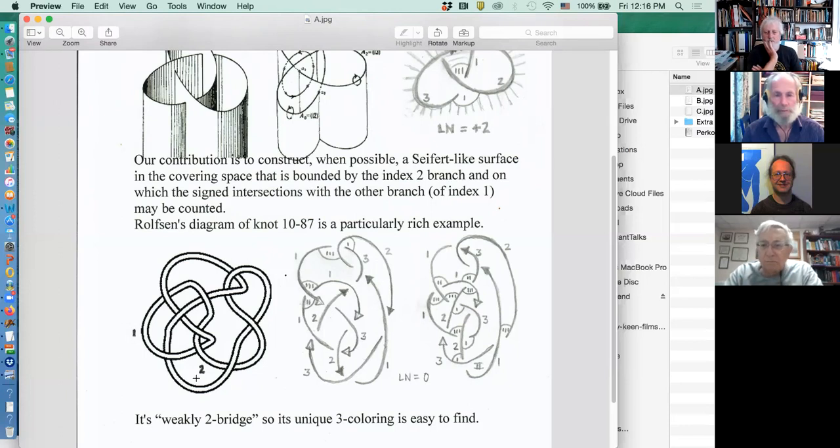Well, you're saying finding these good cells is easier in some diagrams than some representations. It's possible in some, but then if you make a Reidemeister move on the diagram, it's impossible.